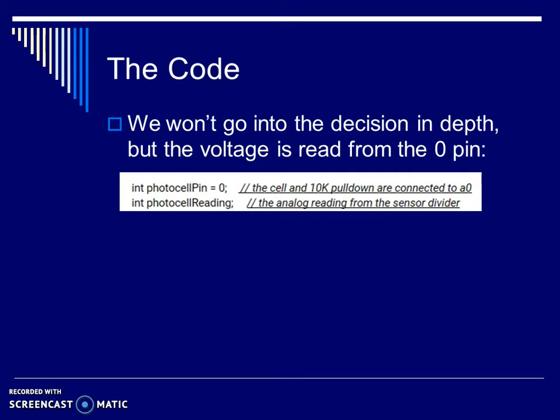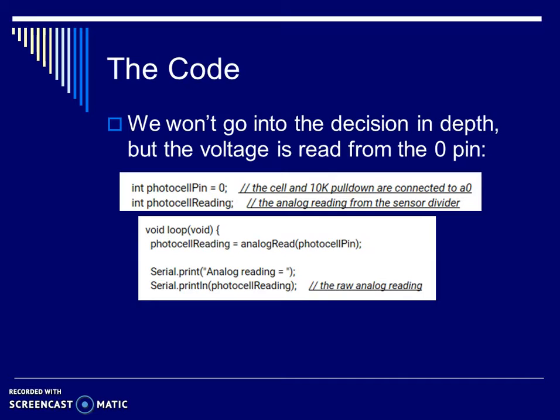But it is useful to look at the reading of the voltage from these lines. Okay, and if you do want to follow this code along, you can simply write the voltage to the serial monitor, and you can have a look at it.